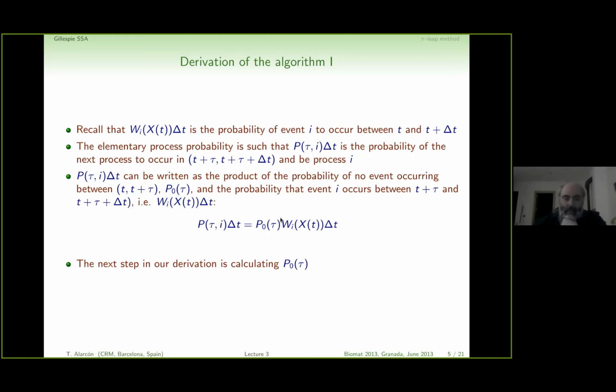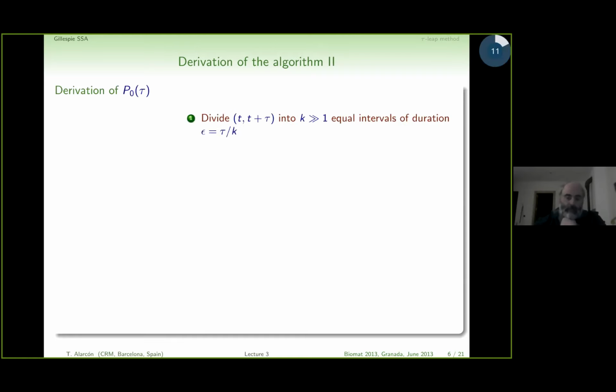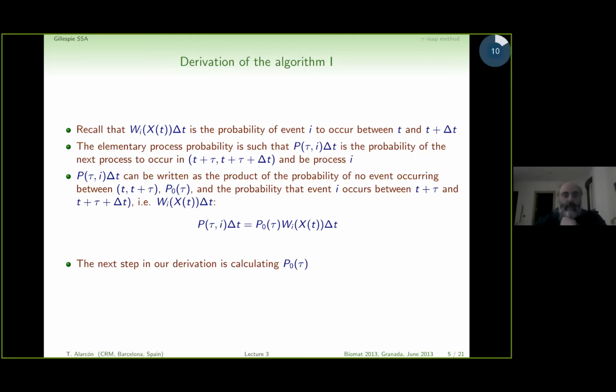Because it is a Markov process, we can write this as a product. So now the next step in the derivation is, of course, calculating this P naught of tau.